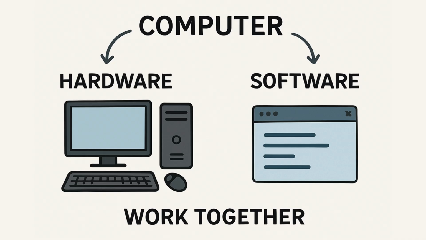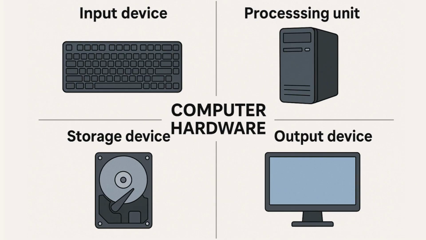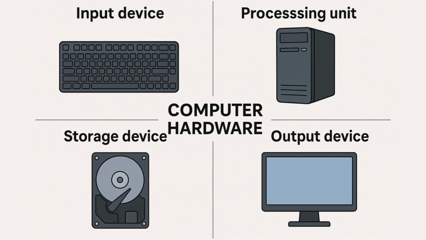Both the physical parts and the programs work hand in hand. Computer hardware is divided into four parts: input devices, processing unit, storage device, output device, which means all the important parts of a computer fall under these four categories.